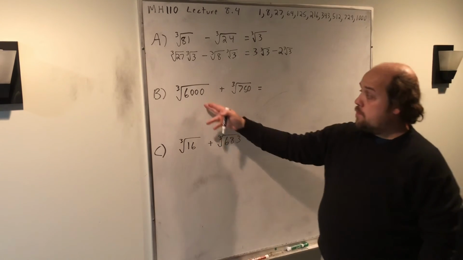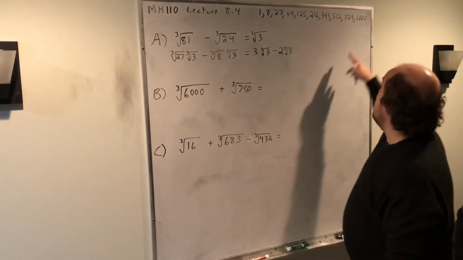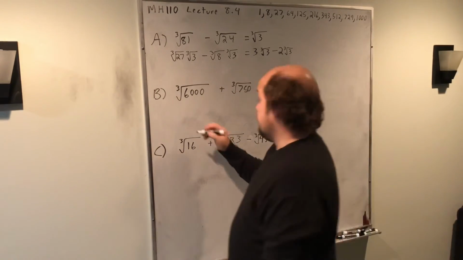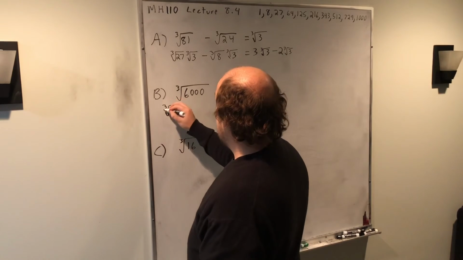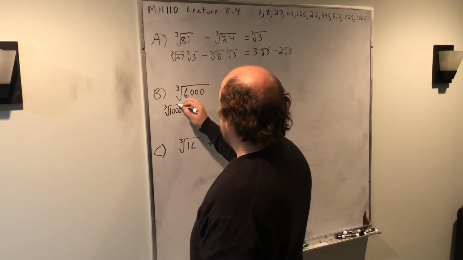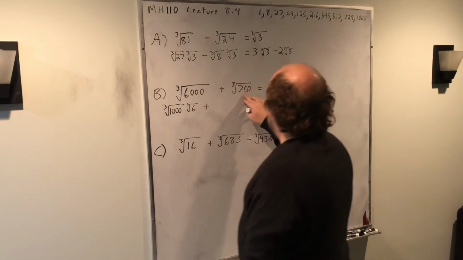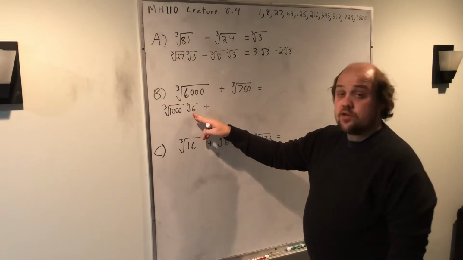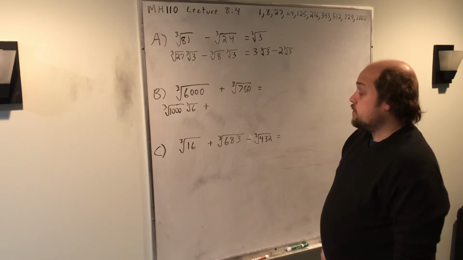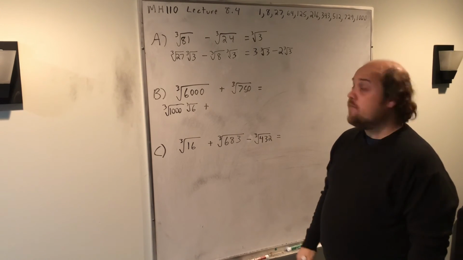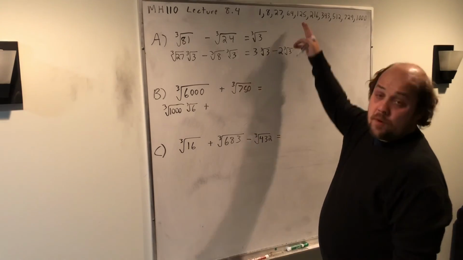When I go to do part B, 6,000, I try and divide by 1,000, it does go in evenly, it goes in 6 times. So I can break this down into the cube root of 1,000 times the cube root of 6. For 750, I'm also going to try putting 6 in because that was what was left behind the first time. 750 divided by 6 gives me 125, which is on my list of perfect cubes.